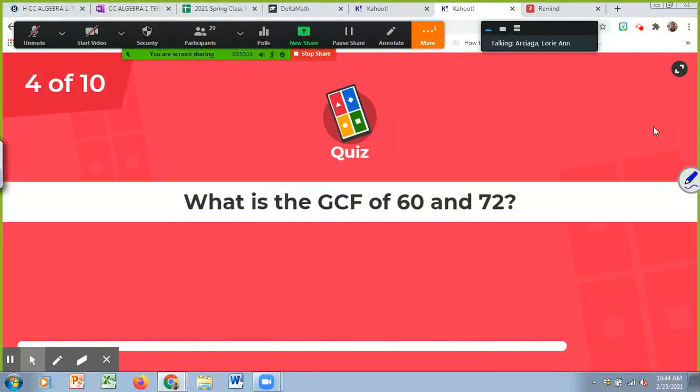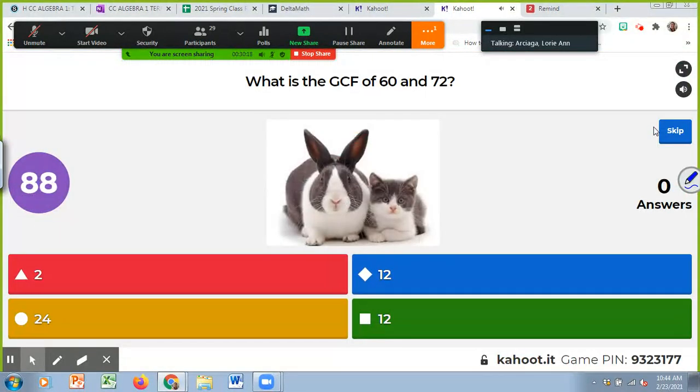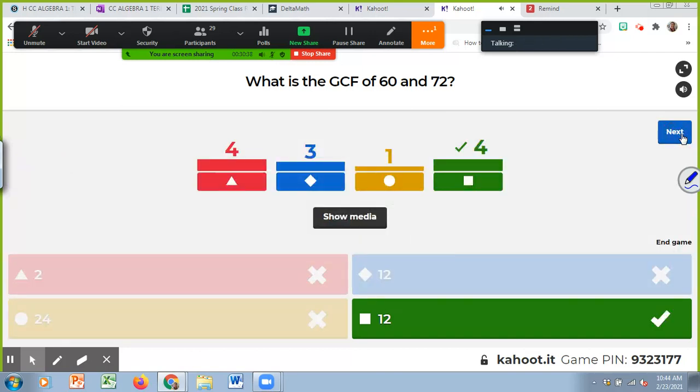60 and 72. 4, 3, 2, 1. Okay, so 60 is what? 12 times 5.